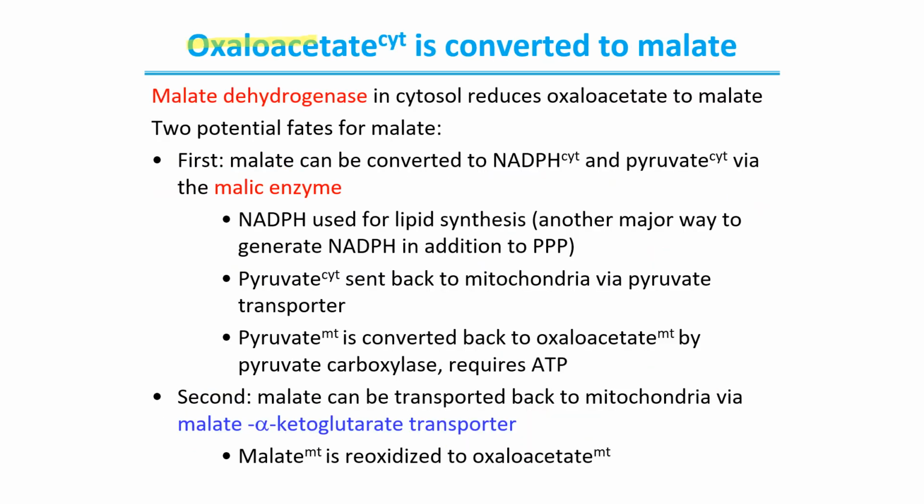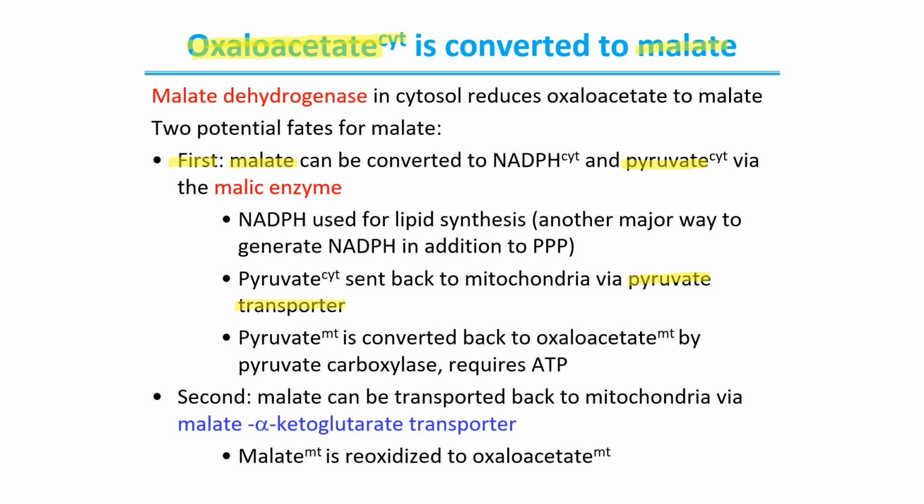So the oxaloacetate, which is present in the cytoplasm and has to be brought back into the mitochondria, as we saw in the diagram, can go back by two ways, but in both ways it first will be converted to malate. In the first scenario, the malate will be converted into pyruvate and be taken into mitochondria with the help of the pyruvate transporter, as we saw in the previous slide.